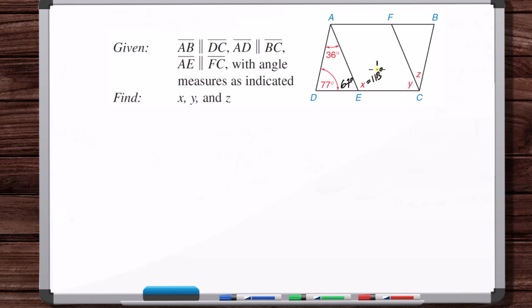Okay, now maybe can we use some quadrilateral angle relations here? I'm going to try and do that first before I dive into parallel lines and transversals, but yeah, I'm not seeing anything. So let's go ahead and analyze the parallel lines and transversals. So let's see, extend this.